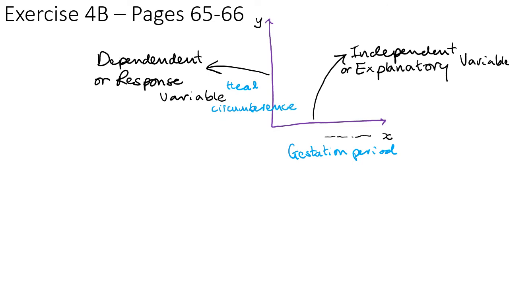Gestation period was x and head circumference was y, because the gestation period causes the head circumference to change. Okay, so depending on how long it was before you're born will change your head size. It doesn't work the other way around. So it's not that your head circumference makes you stay in the womb for longer. That's why we couldn't do that part B of the question, because we can't work that way around.